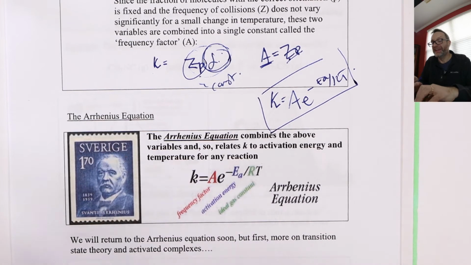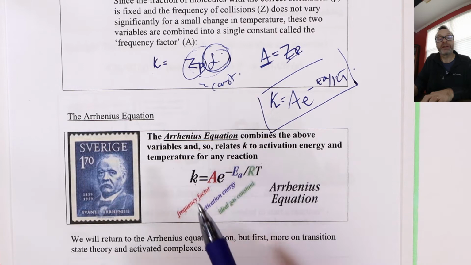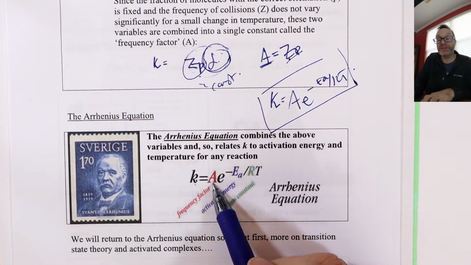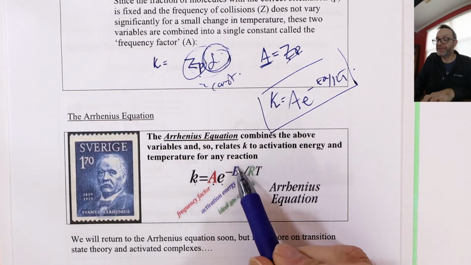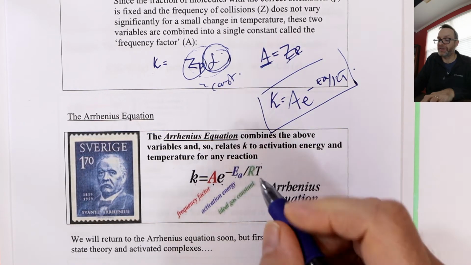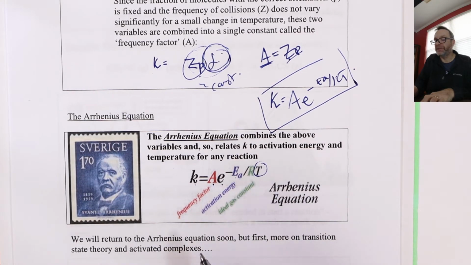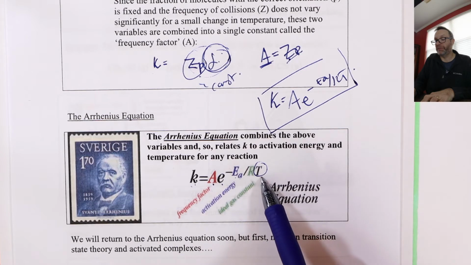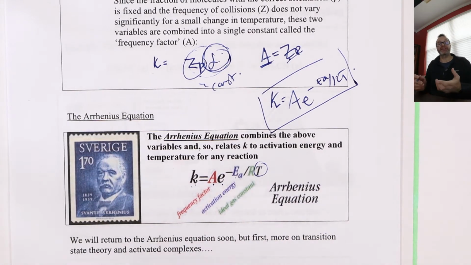Arrhenius relates k, which is proportional to rate, with temperature as a variable, to a frequency factor constant, e to the power of minus EA, the activation energy, over RT. T is a variable. And if we know k from an experiment, and we know temperature, we can figure out activation energies, which is a super important thing to know.